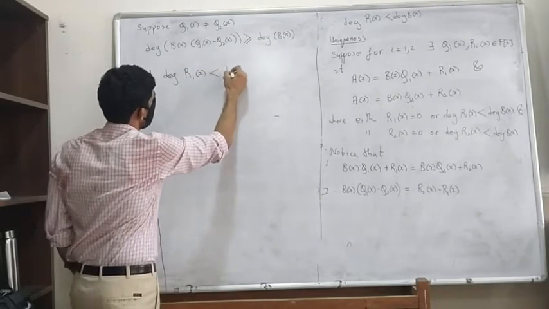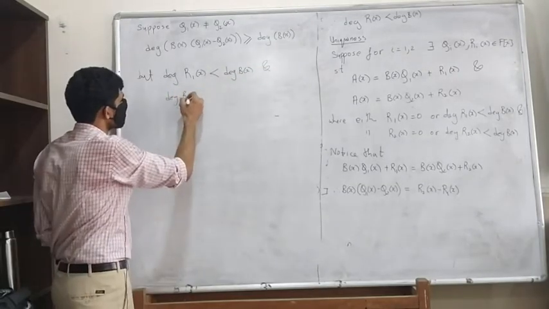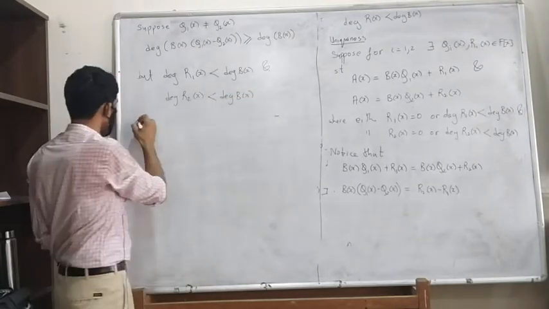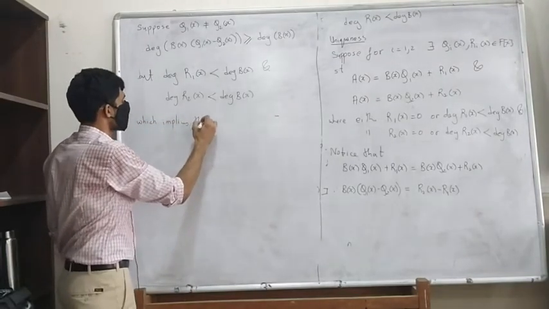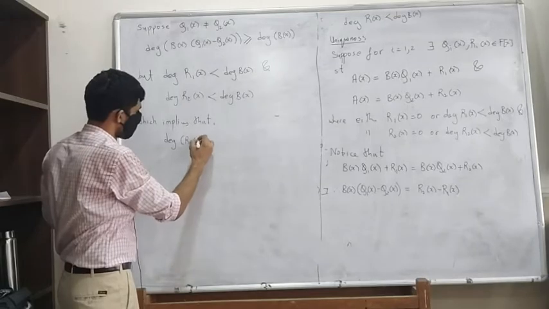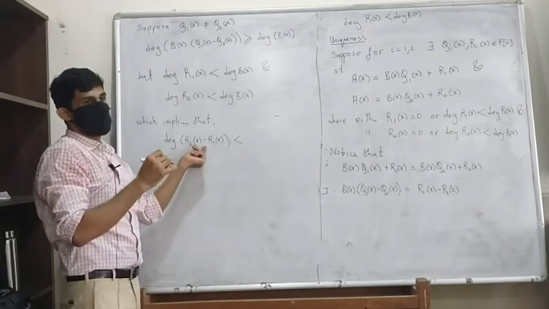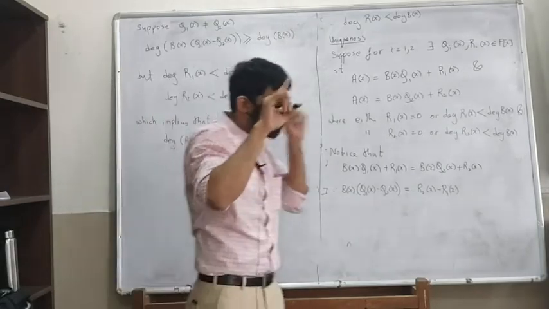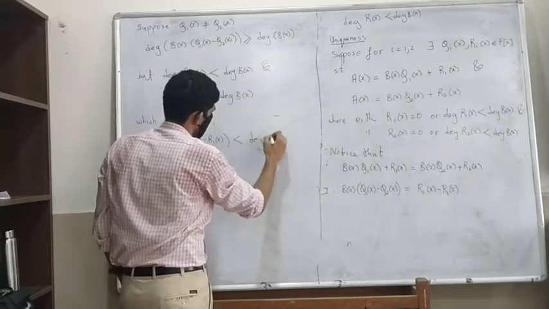It is strictly less than the degree of B of x, and also the degree of R2 of x is strictly less than the degree of B of x, which would imply that the degree of R2 of x minus R1 of x is going to be strictly less than the degree of B of x, because when we sum, at most it's going to be the maximum of the degrees.